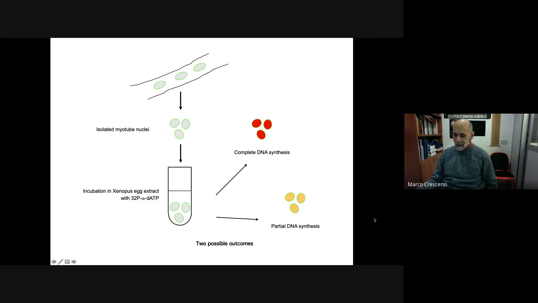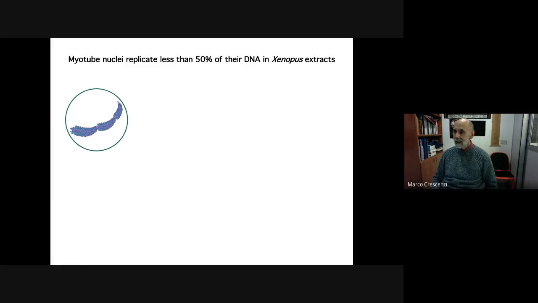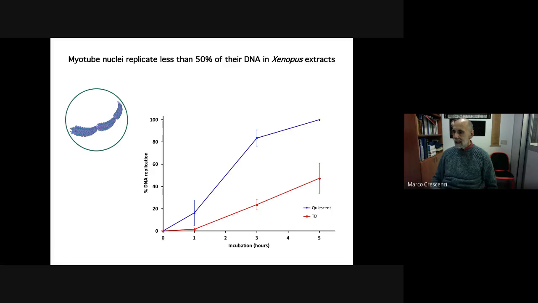And so, guess what's the result of this experiment? We isolated the nuclei from the myotubes, put them into the extract, and here are nuclei from quiescent myoblasts. Here are nuclei from myotubes.